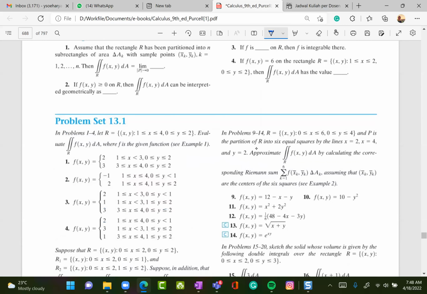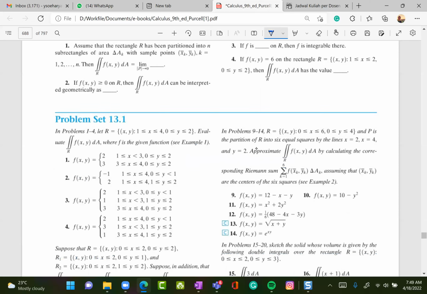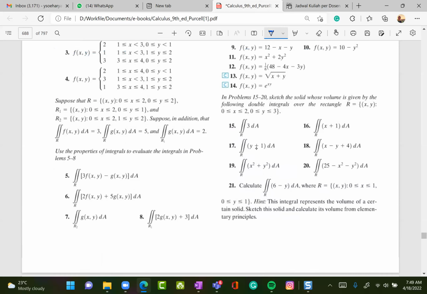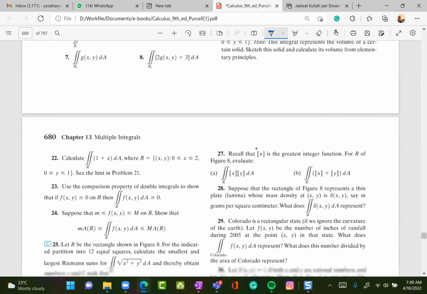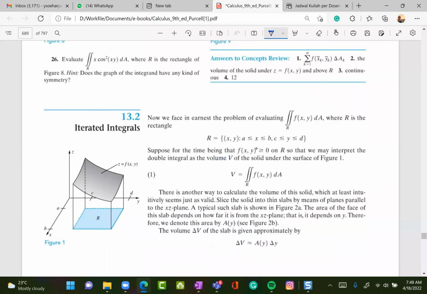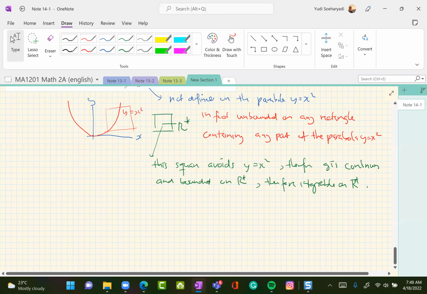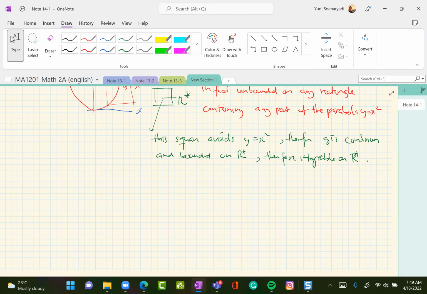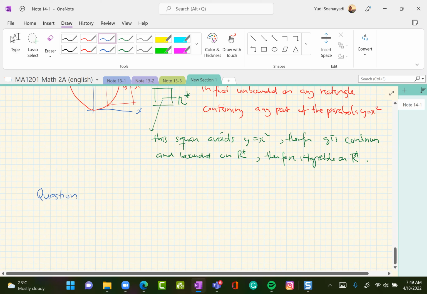All right, so we'll start with the next section. Just the idea: the question is, how do you compute the double integrals?